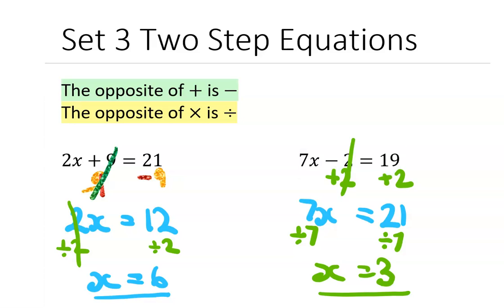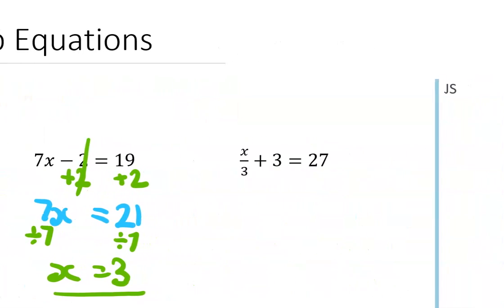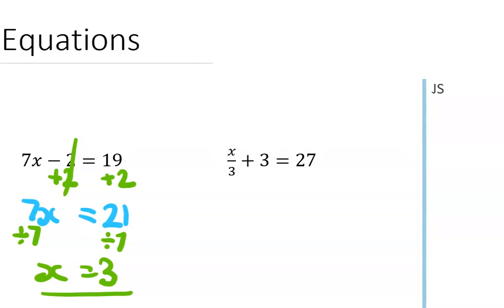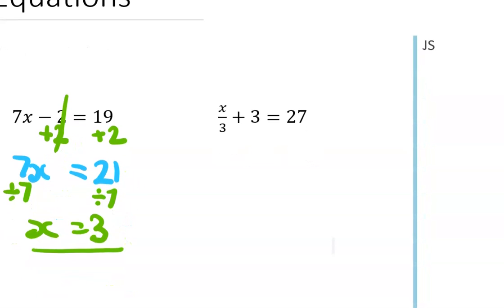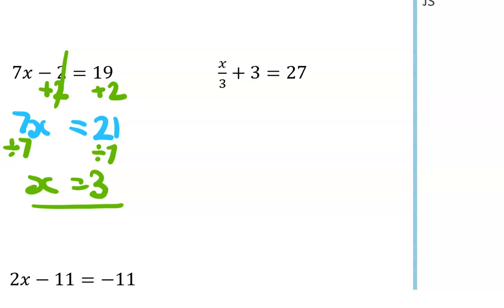Next, we're going to move along to this one. We've got x divided by 3 plus 3 equals 27. Now, again, we want to pick on the loneliest, weakest number, the one all by itself. The one all by itself is this plus 3. So we're first going to subtract 3 from this side, and we're going to subtract 3 from the other side.